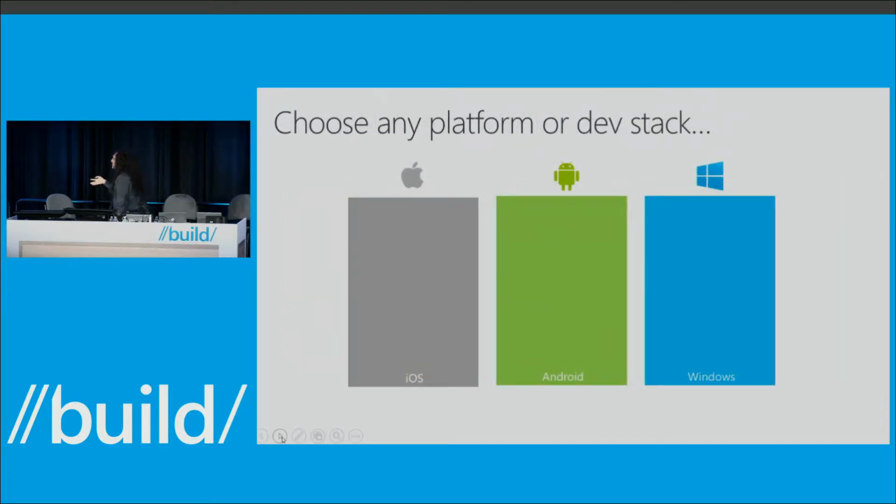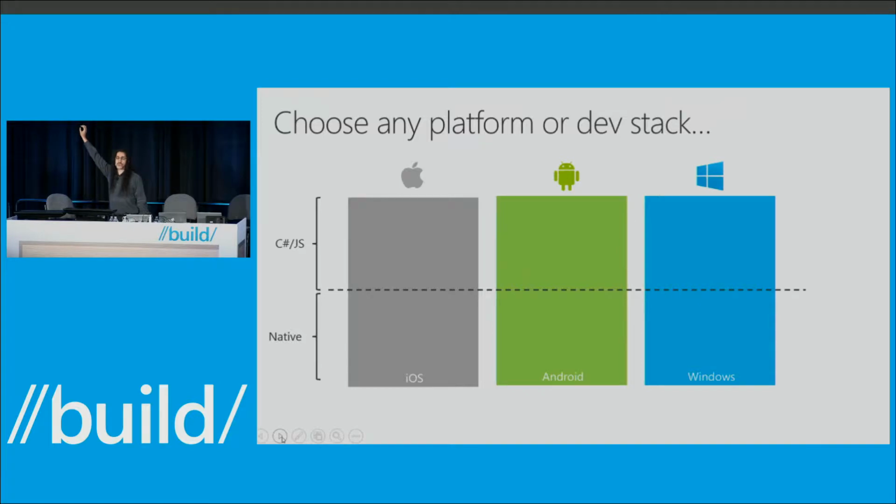Clearly, when we talk about native apps, we are talking about those three big platforms. You have iOS, you have Android, and you have all the flavors of Windows, from a classic desktop on Windows 7 to Windows Store applications, to Windows Phone applications, to now Windows Universal applications in Windows 10. And the good news is that you can choose to live at the native level.